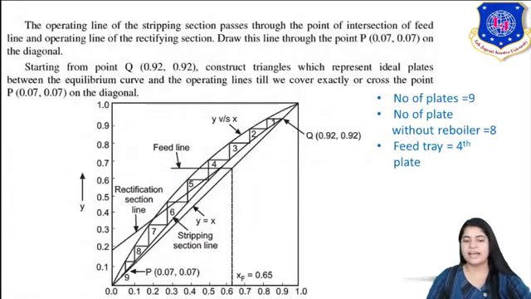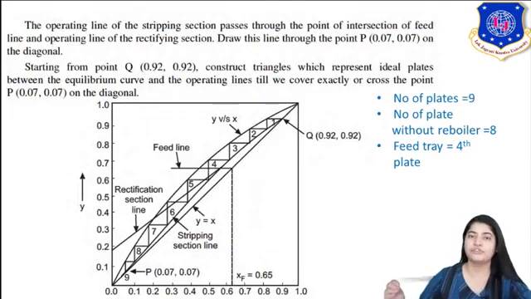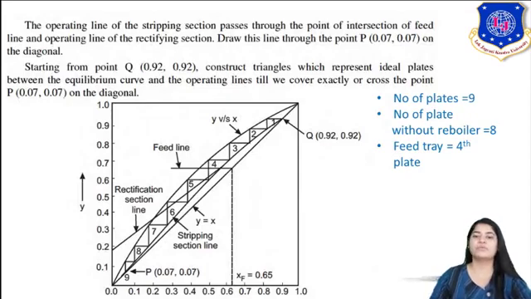So here you can see that XF is your feed point, and the Q point is the intersection point of the rectifying section and the diagonal. Now the operating line of the stripping section passes through the point of intersection of the feed line and the operating line of the rectifying section.